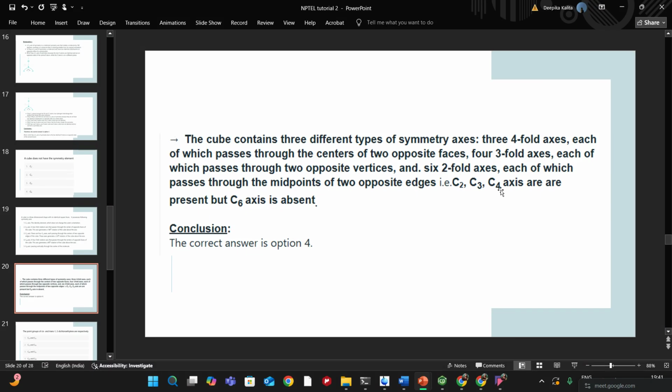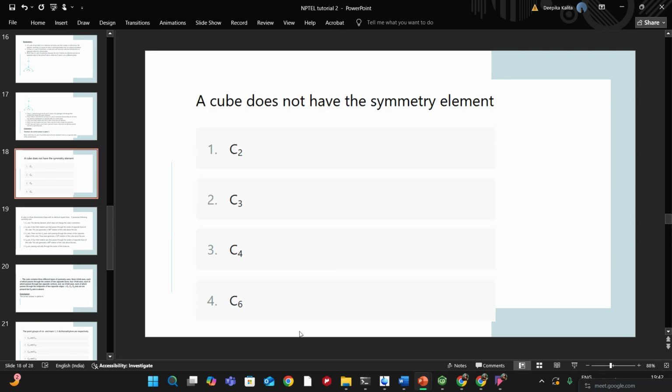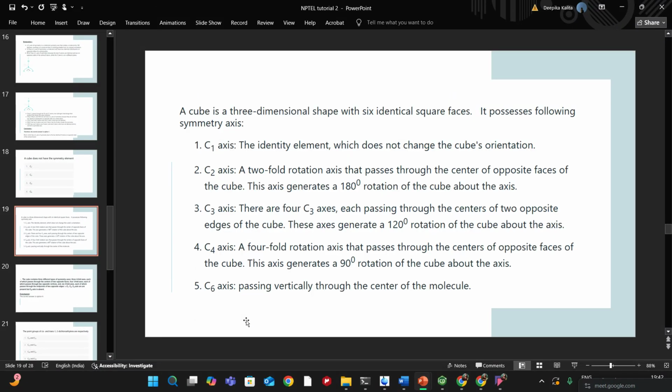For example, if we talk about C2, C3 and C4, in the point group, these axes of symmetry will give you the identical position of the locants. Okay, you can go through the video lecture where you can see how you can assign the symmetry elements present on a cube. Hence, out of these four options, C6 will be the correct option.